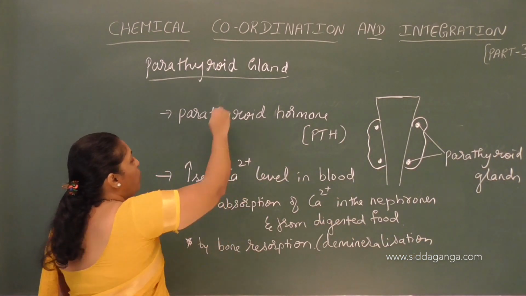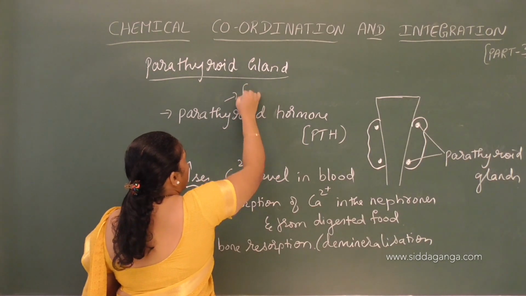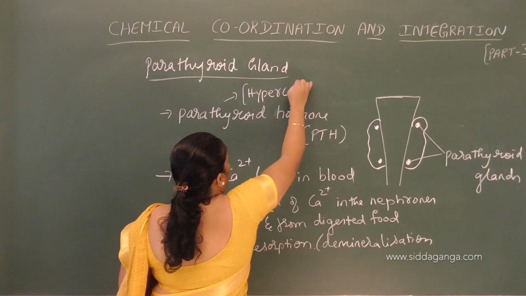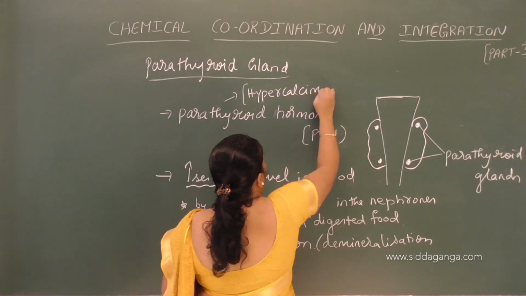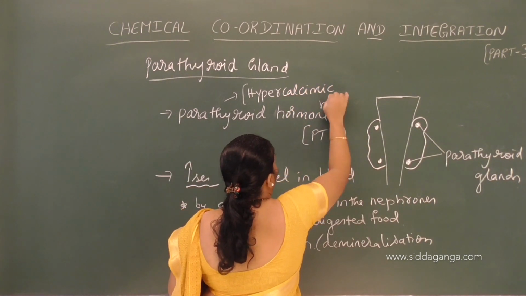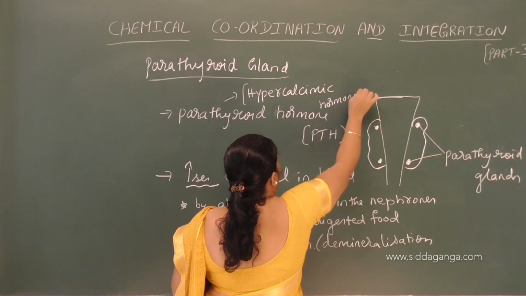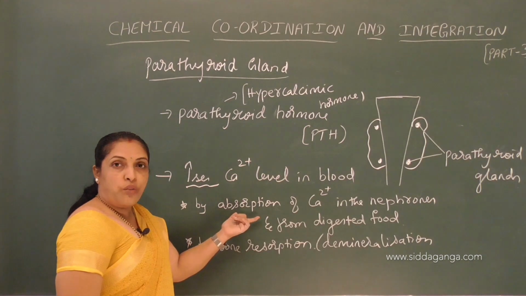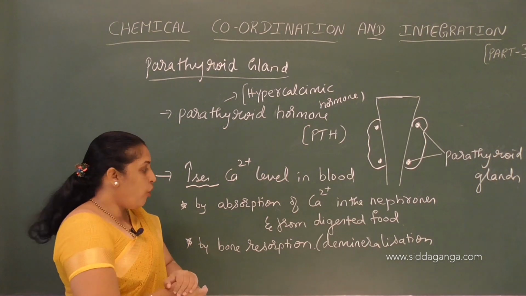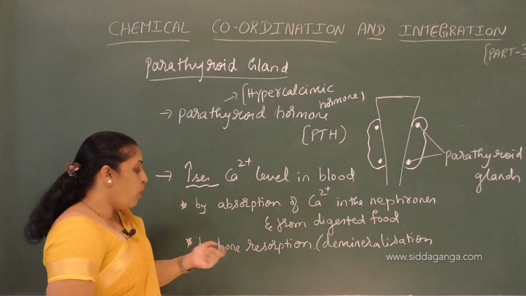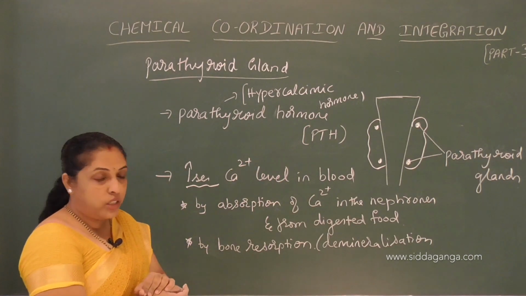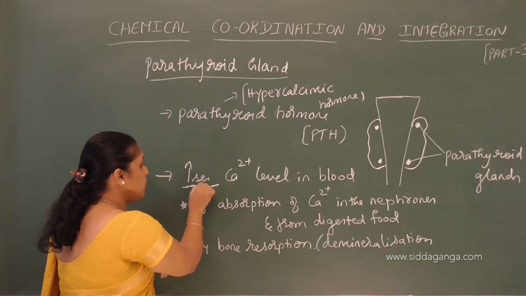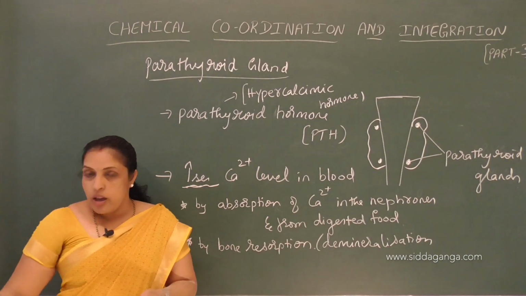That's why we can call this hormone hypercalcemic hormone. Why is it called hypercalcemic hormone? Because it increases calcium level in blood by absorption of calcium in the nephron and from digested food, and also it leads to demineralization or resorption of bone. That all increases calcium level in the blood.